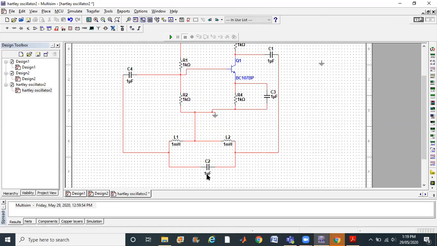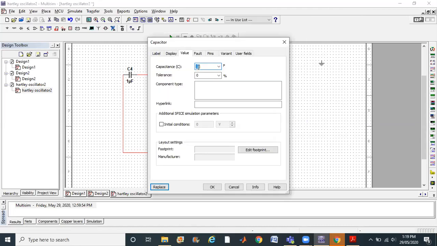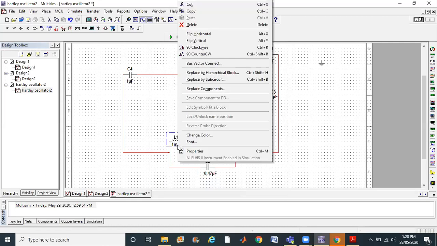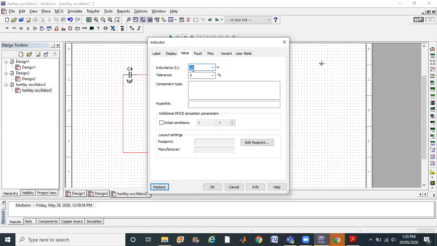Now I'll change the values by double clicking on this. It's going to be 0.47 microfarad. Next, this is going to be 200 microhenry.